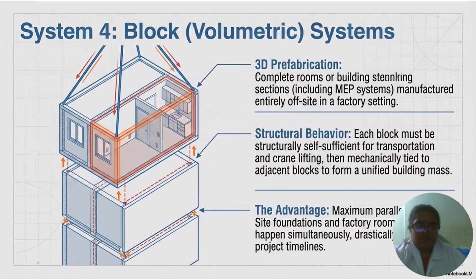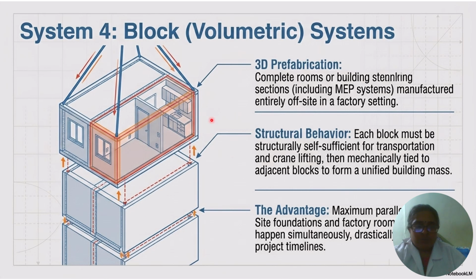And the last system is the block system, otherwise called the volumetric system. 3D fabrication. Block means complete rooms or building sections, including MEP systems, manufactured entirely offsite in a factory setting. And structural behavior: each block must be structurally sufficient for transportation and crane lifting, and then mechanically tied to adjacent blocks to form a unified building mass.